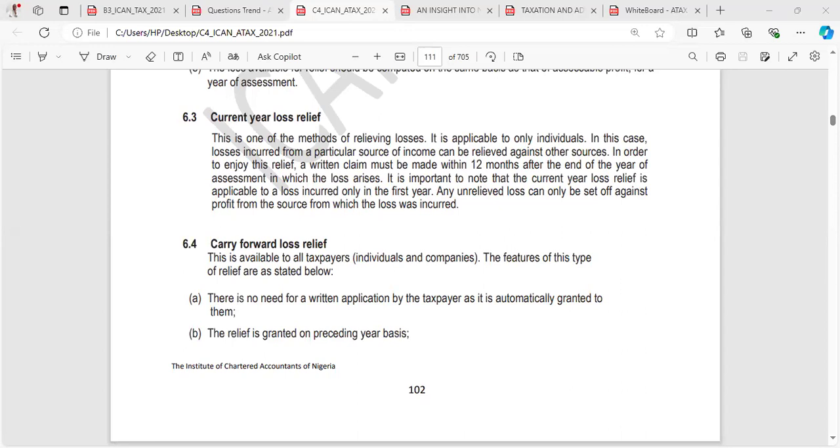How can I do that? I will bring all the profit, 3 million from salt, 5 million from sugar, that's 8 million, and I will bring my loss, 10 million. I can only relieve 8 million. That's the only thing I can relieve.